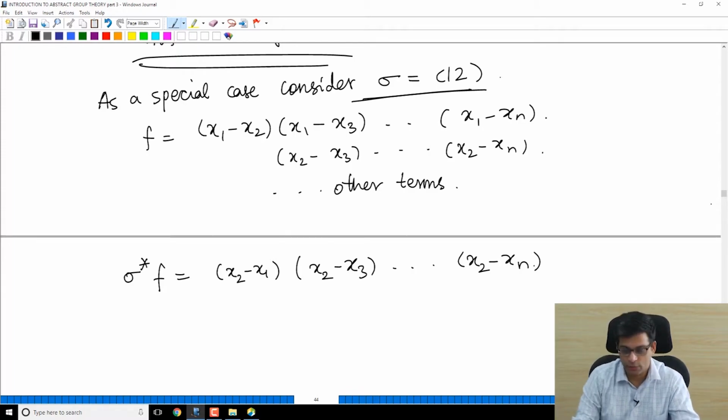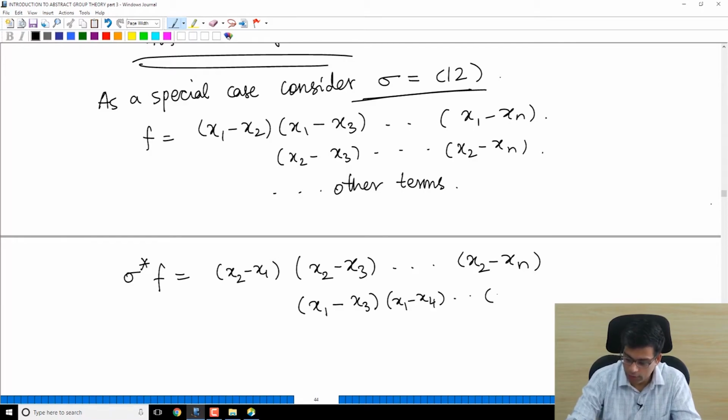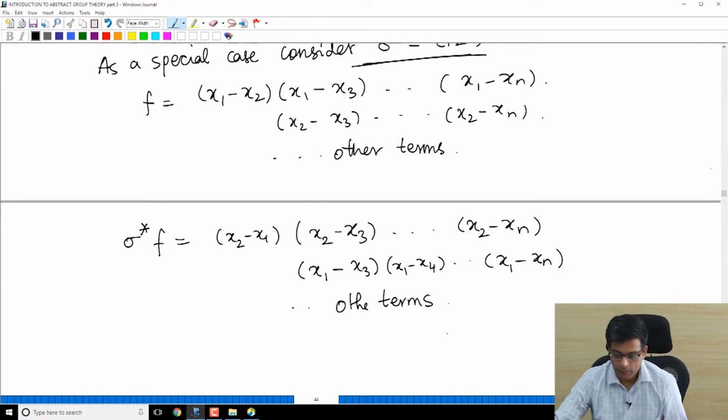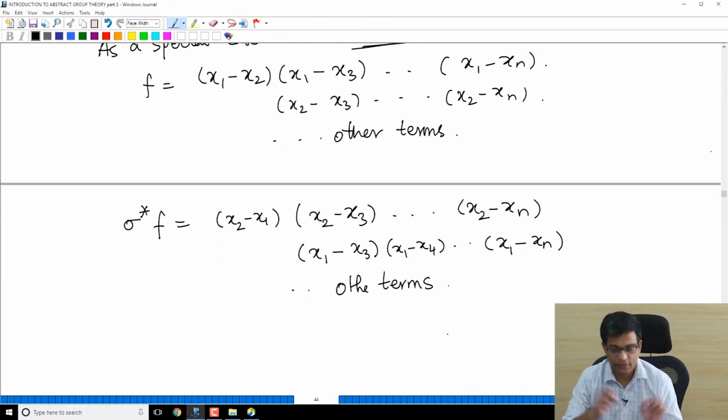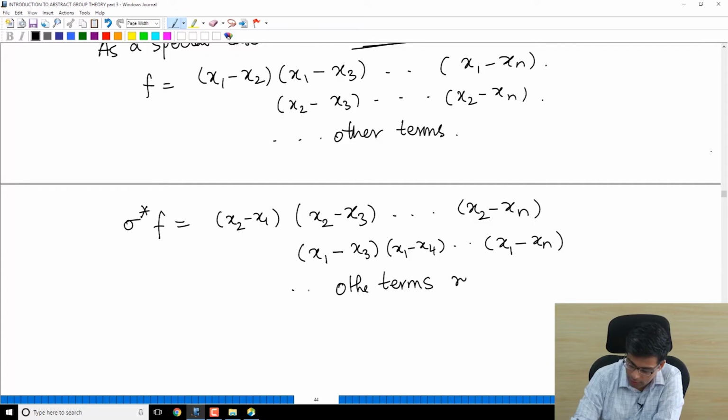What happens to the terms involving x2? x2 becomes x1, right? So it's x1 minus x3, x1 minus x4, all the way up to x1 minus xn, and other terms. Other terms are fixed because they are terms whose subscripts are different from 1 and 2, and sigma does not change them, so they remain the same, right?